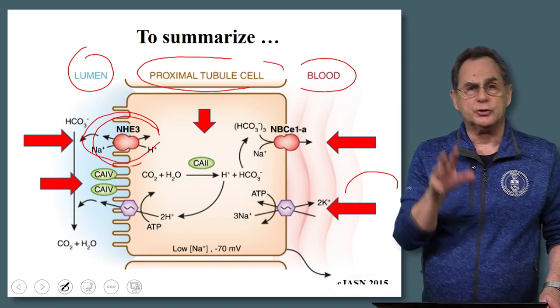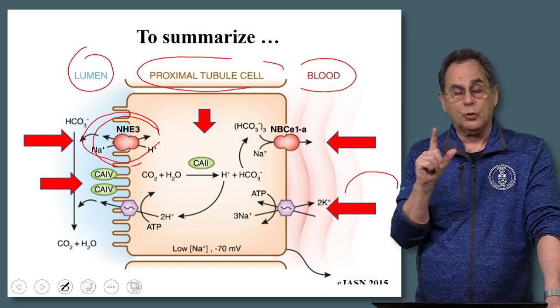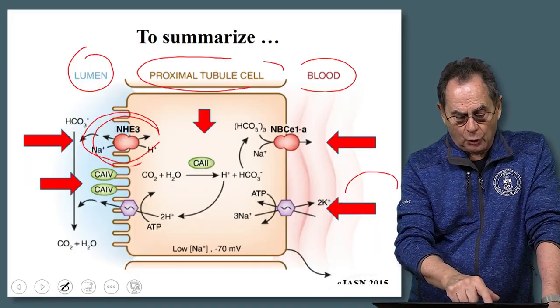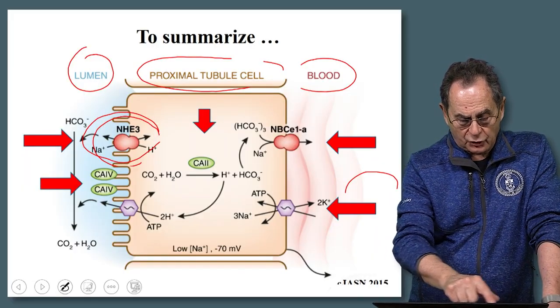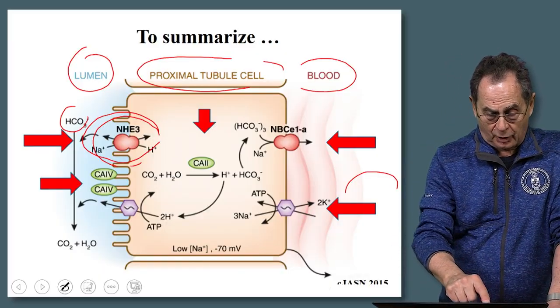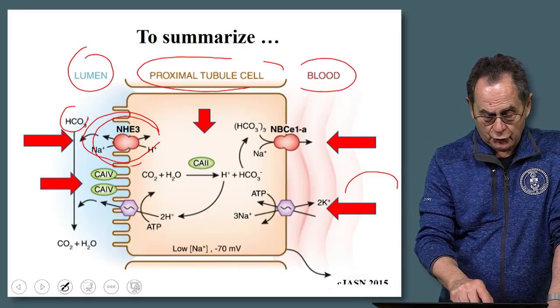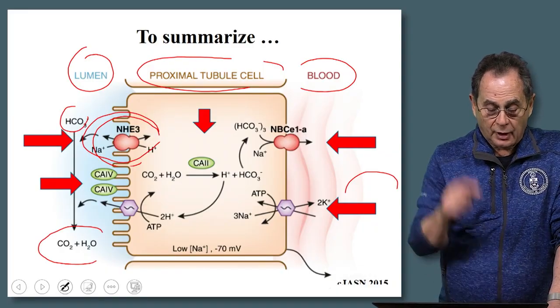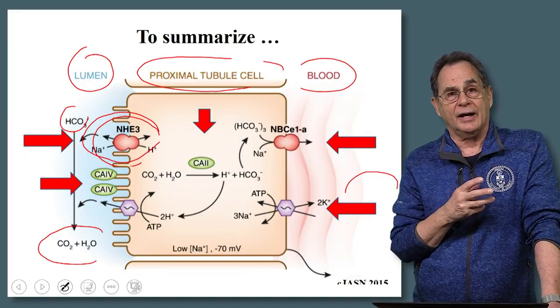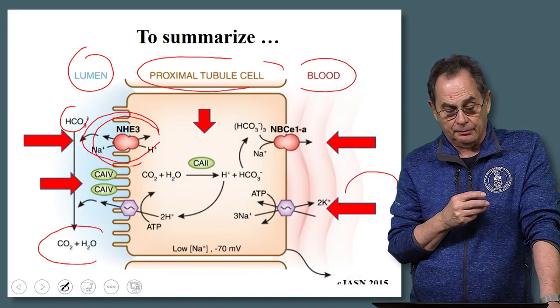Here's the sodium hydrogen exchanger 3, a key integral membrane protein that is an antiporter for reabsorbing sodium and secreting hydrogen ion. The hydrogen ion combines with the bicarbonate to form H2CO3 and CO2, and carbonic anhydrase isoform 4 facilitates that reaction and that equilibrium.